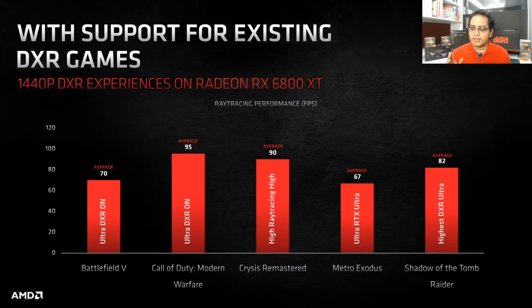So GTA 6, we don't even know if that's coming out anytime soon, since they're still pushing out GTA 5 on practically every other console and system, whereas Cyberpunk has already been out, but it's just been out for barely 10 days, so they still have a lot of optimization to do, and I believe performance on PC is very good.